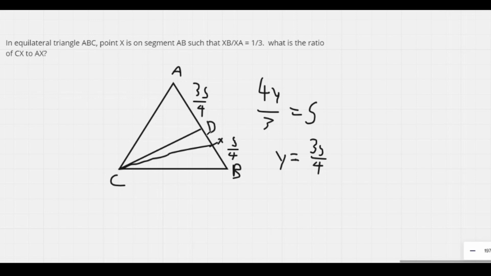Because this is just S over 4 from D to X. So AD and DB are both S over 2. That means CD will equal S times square root of 3 over 2 using the Pythagorean theorem.